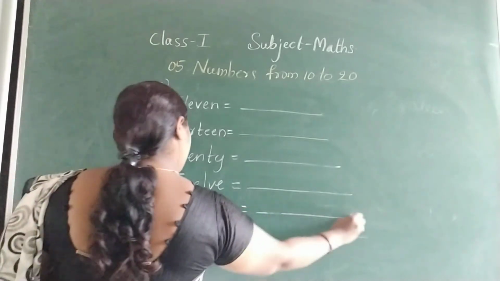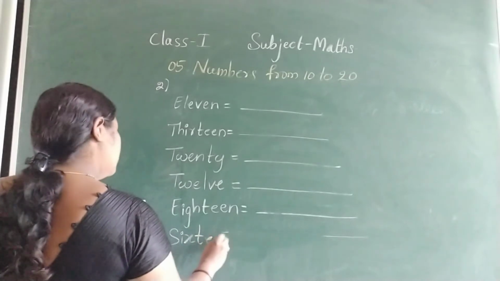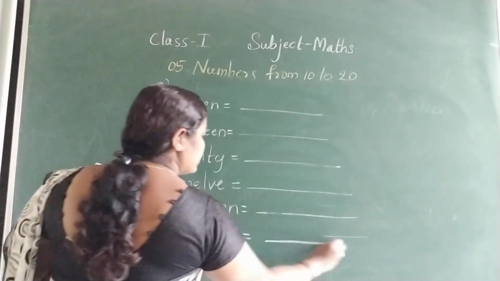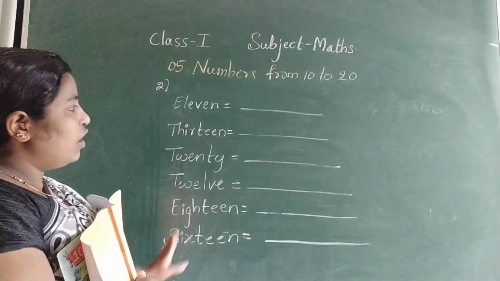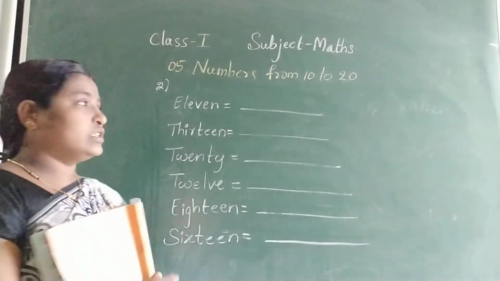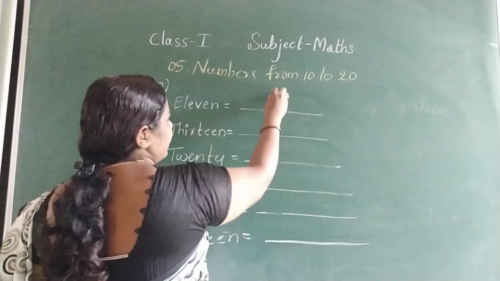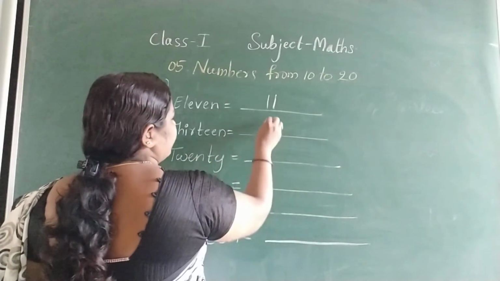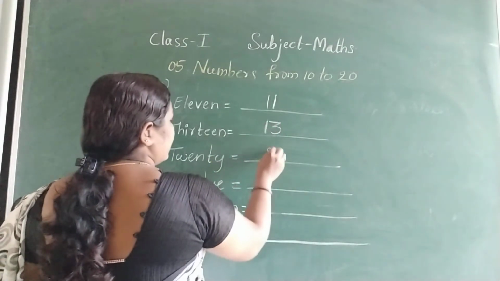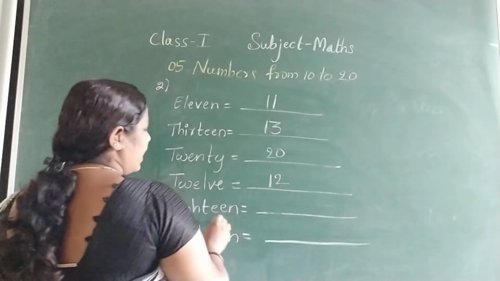E-I-G-H-T-E-E-N, 18. Okay, they have given number names. We should write the numerals. See, E-L-E-V-E-N, this is 11. 13, 20, 12, 18.